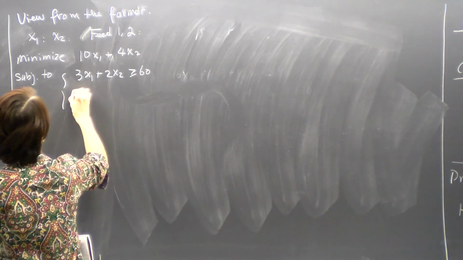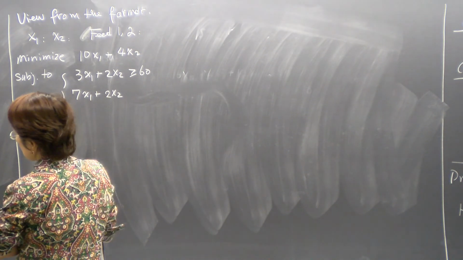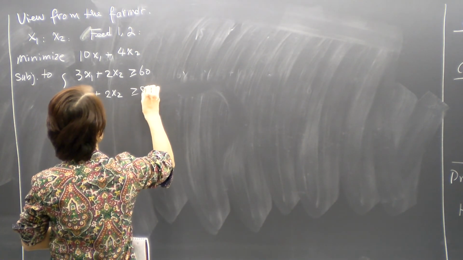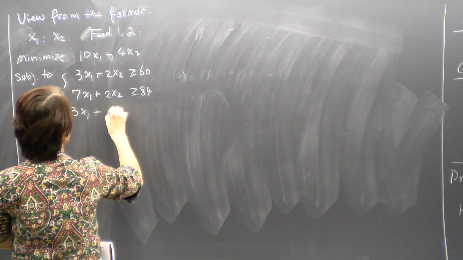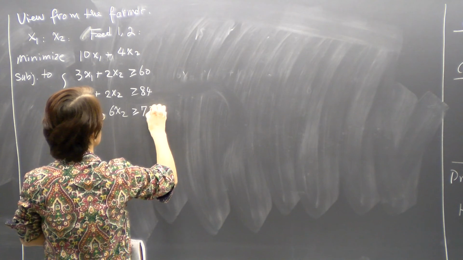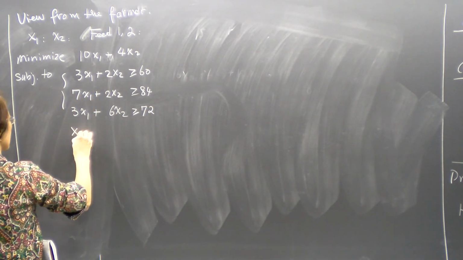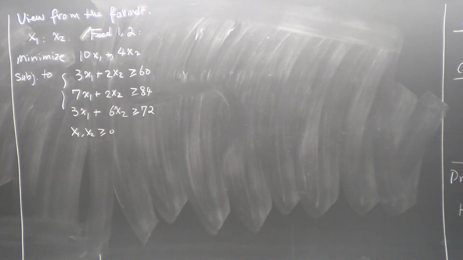And for B, 7x1 plus 2x2 has to be at least 84. And 3x1 plus 6x2 at least 72. And then x1, x2 non-negative. Is that right? That's one of the very basic models that we started with.